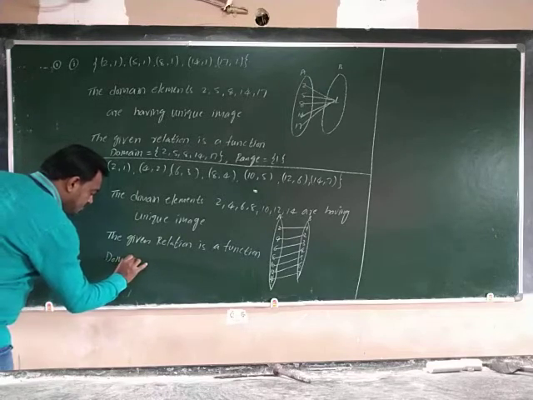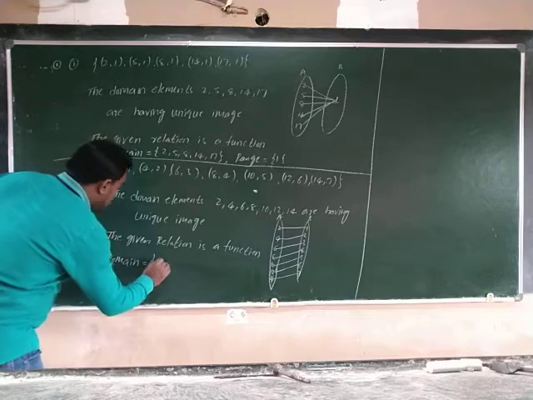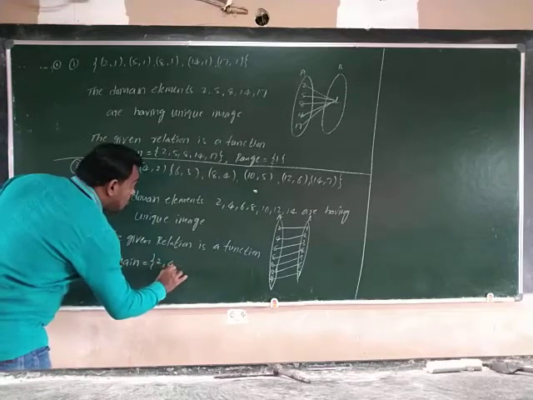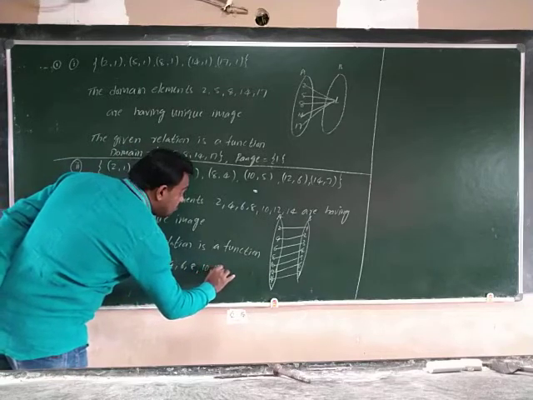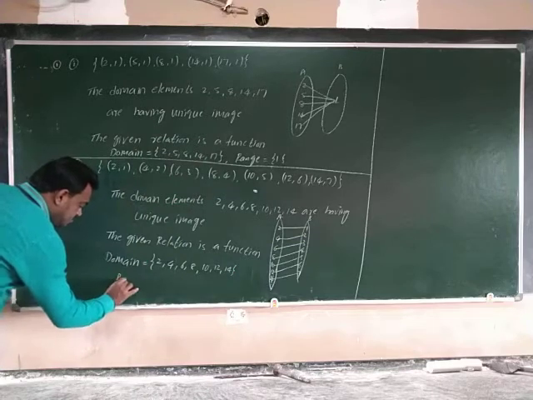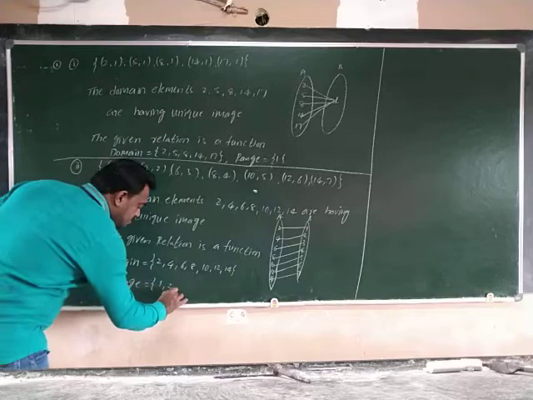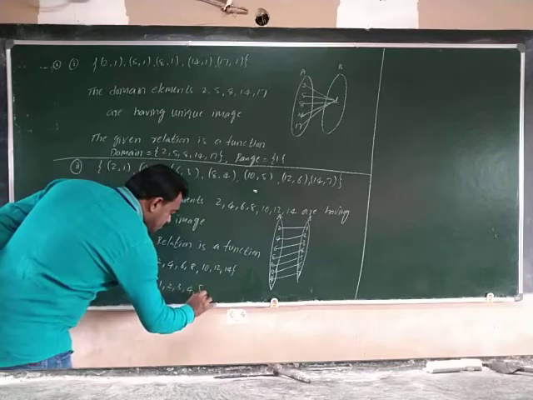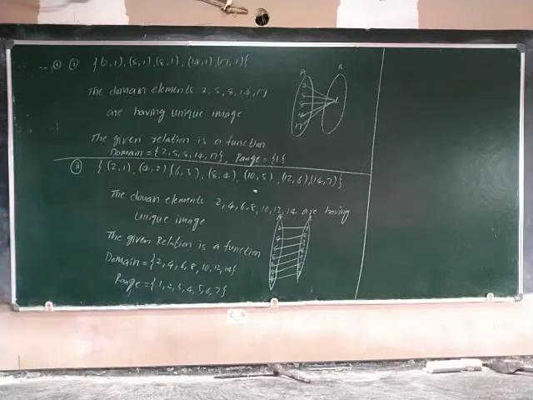Domain is the first elements: 2, 4, 6, 8, 10, 12, 14. Next, the range is the second elements, that is 1, 2, 3, 4, 5, 6, 7. This is the range. Understood? Domain and range, once you understand carefully, this is the answer.